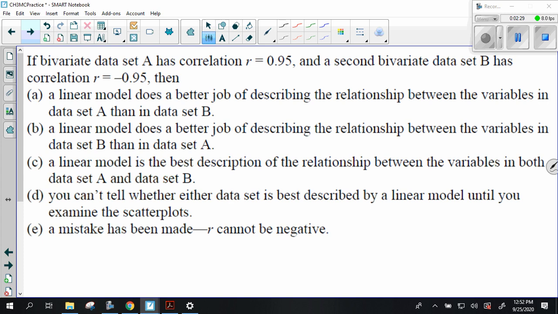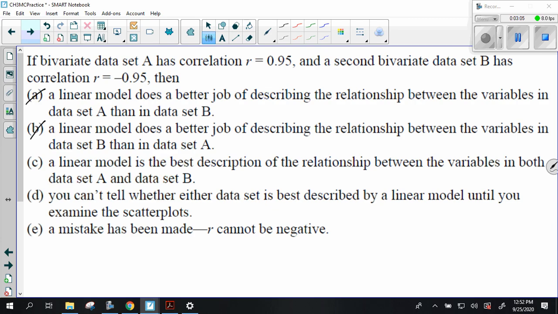A linear model does a better job of describing the relationship between variables in data set A than data set B. No, if you've got that high of a correlation, whether it's negative or positive, it's showing that the data should be following a linear model. Both of them should follow a linear model. I don't think that a linear model is going to do a better job on one than the other.